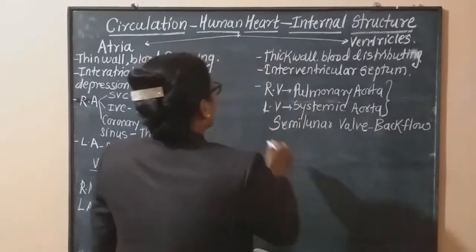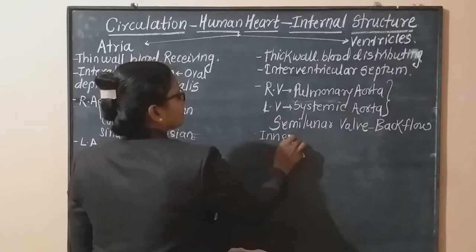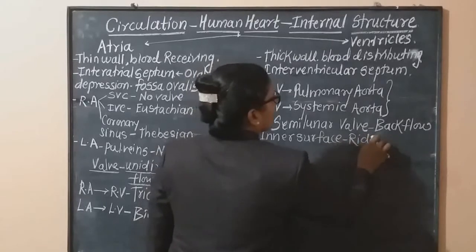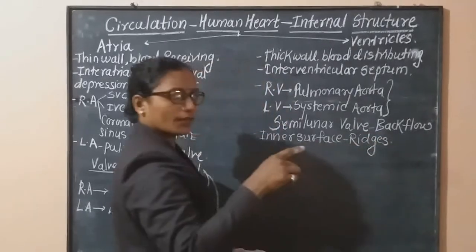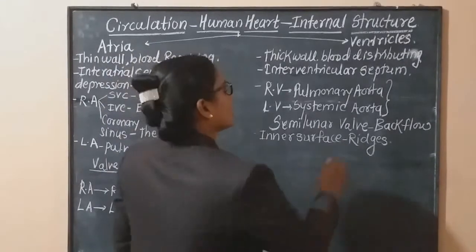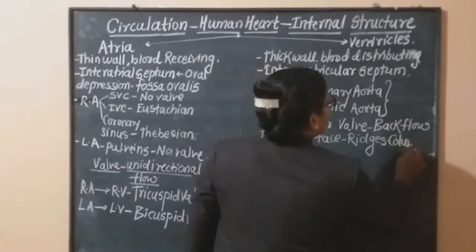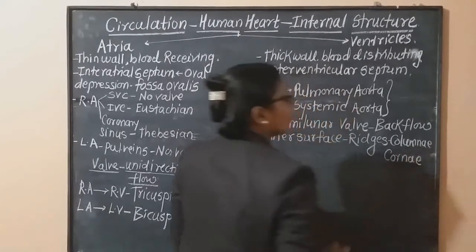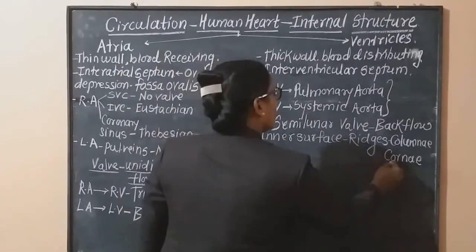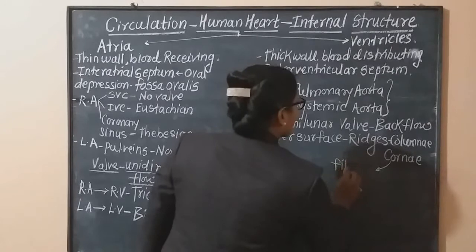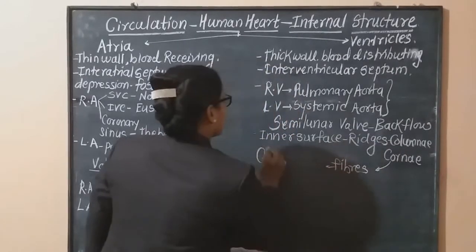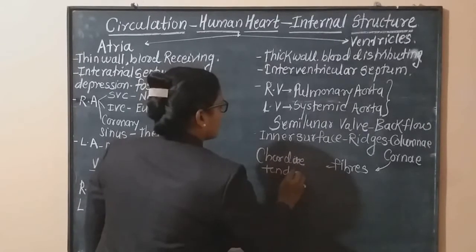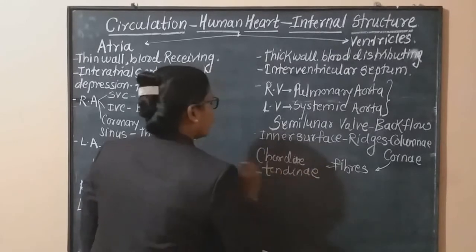Now the inner surface of both ventricles is not smooth; it has ridges, and these ridges are called columnae carneae. From these columnae carneae, fibers arise, and these fibers are called chordae tendineae; the internal projections are also called papillary muscles.